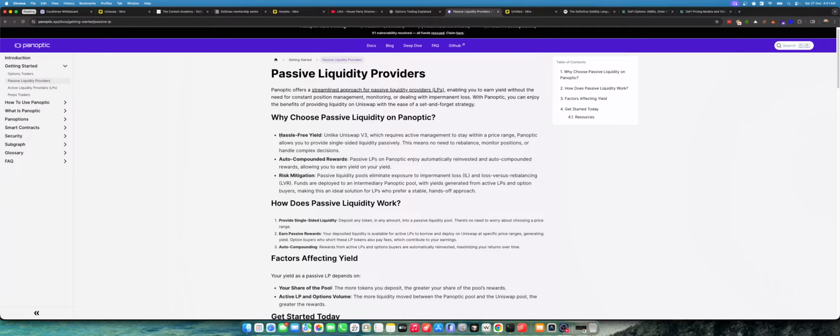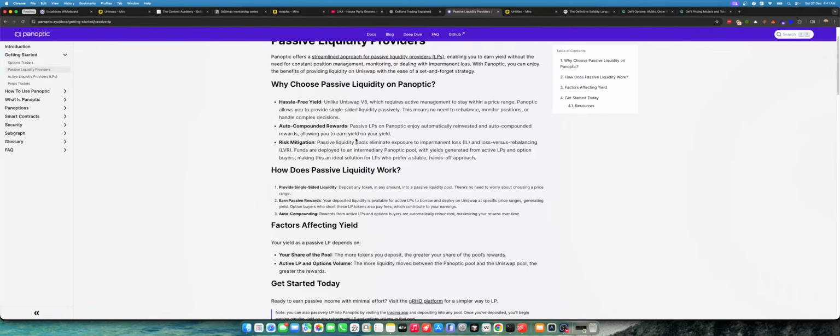So you are not committed to staying within a price range. Provide single-sided passive liquidity. Risk management: you don't need to rebalance, and the rewards are auto-compounded.